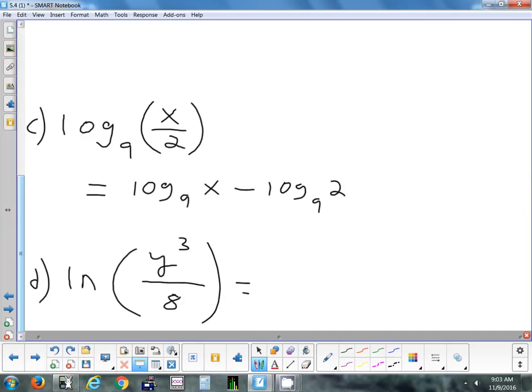So anyone think they could tell me the whole answer here? Kayla, could you start me off? Log e. Yep, you could write log base e, or let's use that abbreviation since we have the ln.